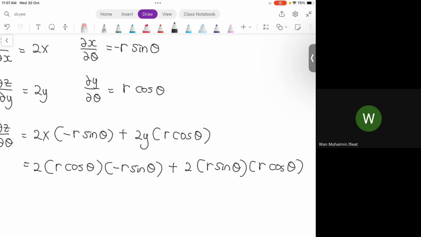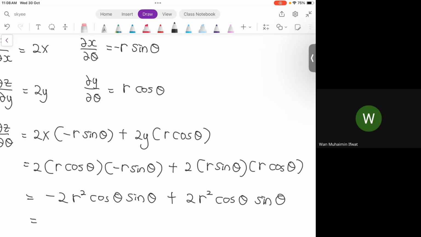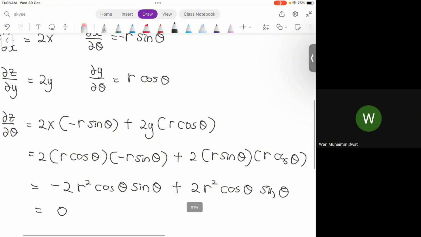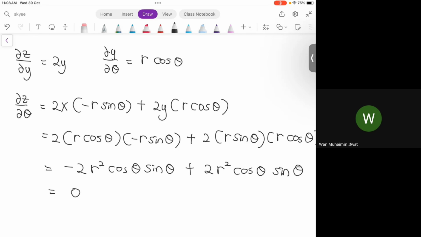So you will have negative 2r squared cos theta sine theta plus 2r squared cos theta sine theta, and you see it equals 0. You can cancel it. So this is your del z del theta.